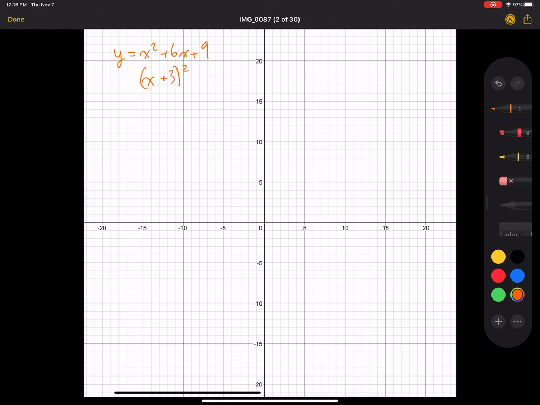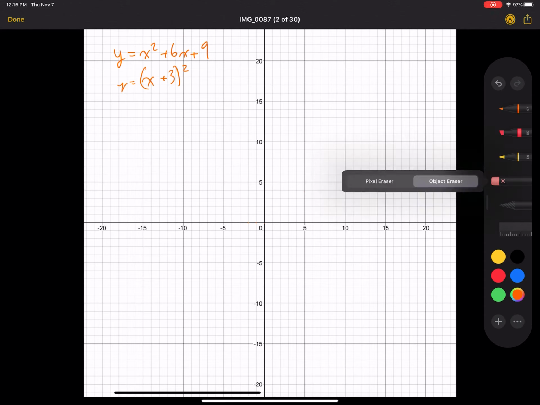Take the square root of x squared, which is x, and the square root of 9, which is 3, and 3 times 2 is 6x. It's a perfect square trinomial. And this is, of course, easy to draw. All you have to do is shift our regular parabola to the right by 3 units.